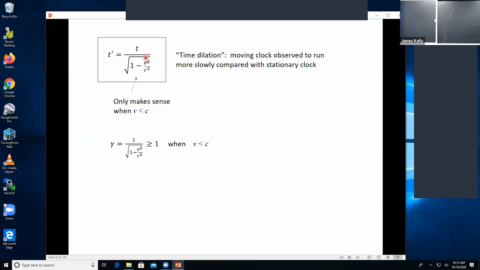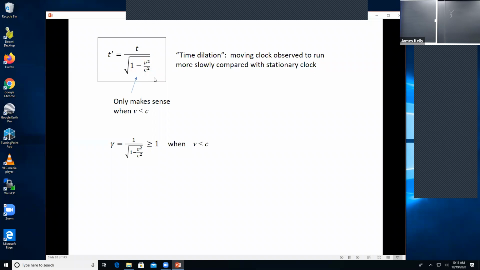But as v starts to get close to c, v over c is maybe a little bit less than 1. If you're going at 0.9 c, v over c would be 0.9. 0.9 squared is still a number that's pretty close to 1, right? 0.9 squared is going to be 0.81. When I subtract that from 1, 1 minus 0.81, that's a small number, 0.2.